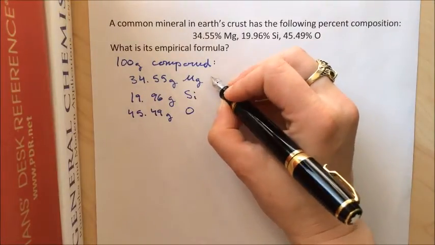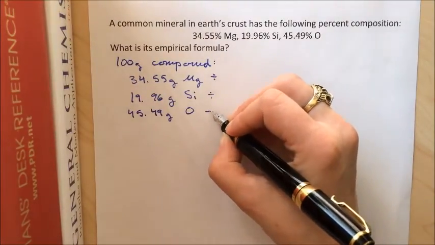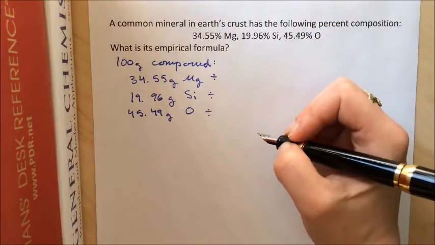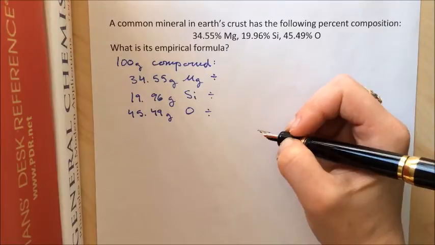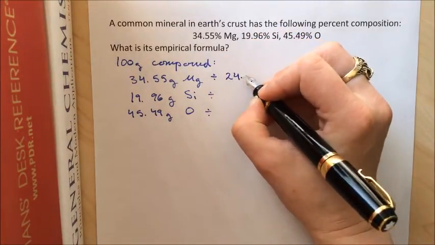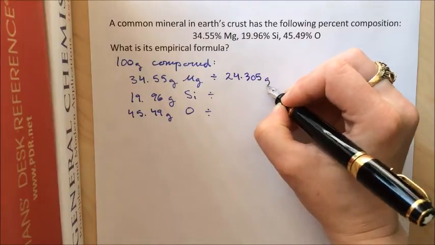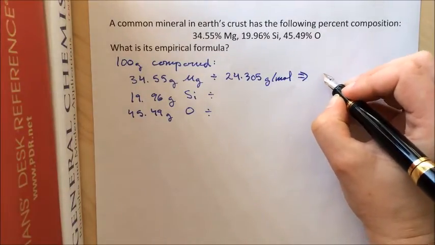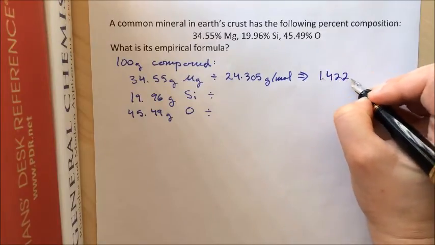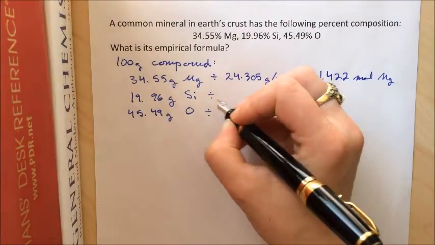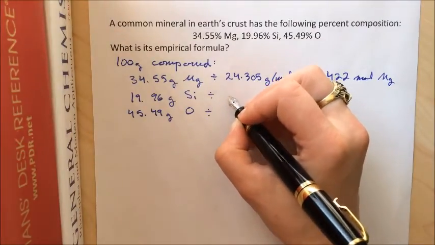Now, in each case, we're just going to divide by the atomic mass to get to moles of each of these things. So we're going to divide the magnesium grams by 24.305 grams per mole, which gets us to 1.422 moles of magnesium.